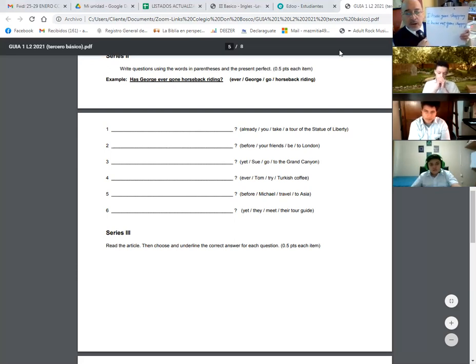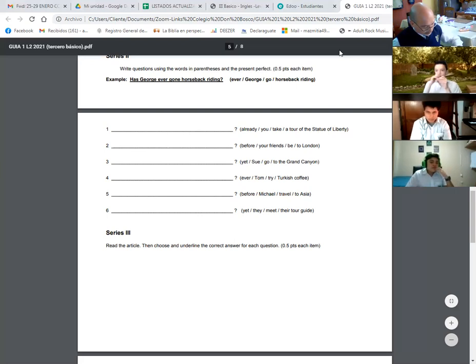And if we need to change this to a question or interrogative form, the only thing we need to do is move this have before I. Okay? So it will go like this. Have I gone shopping?